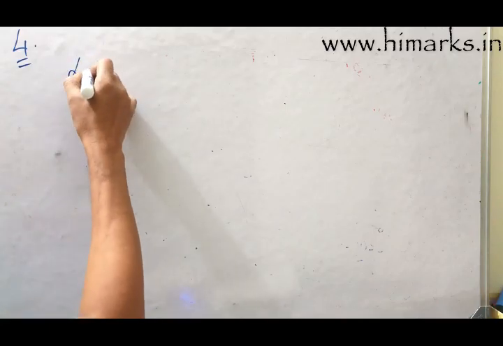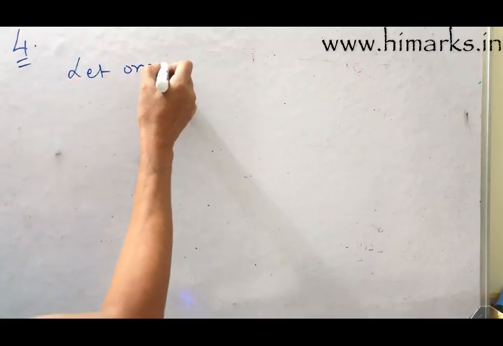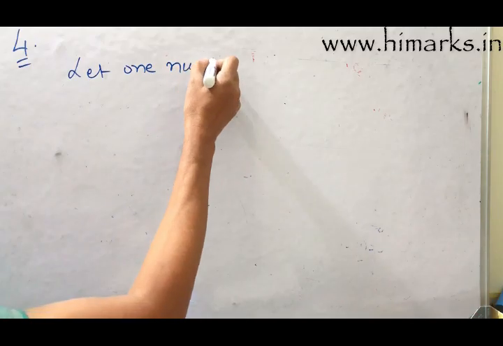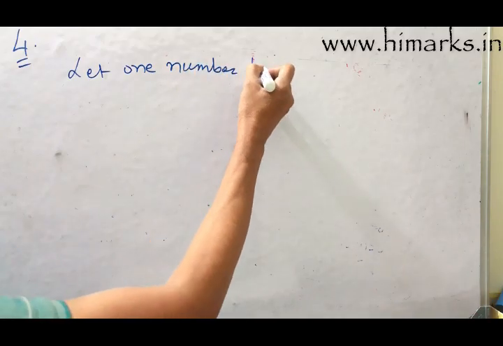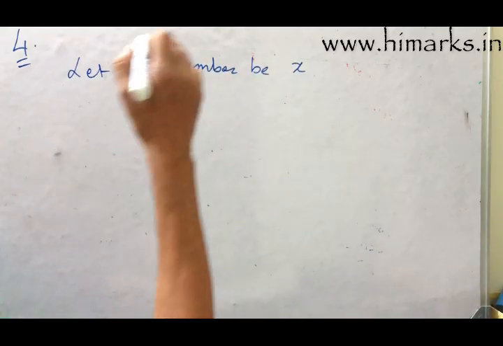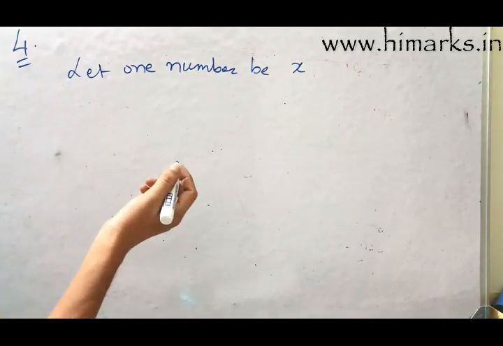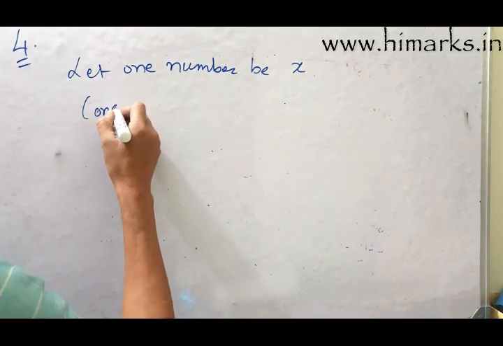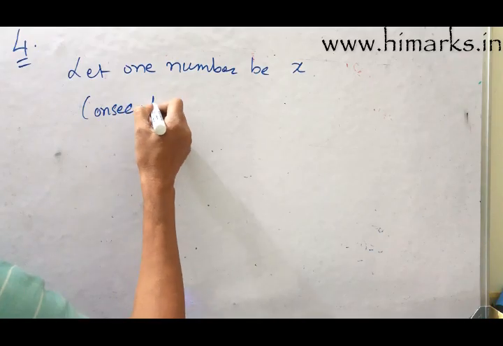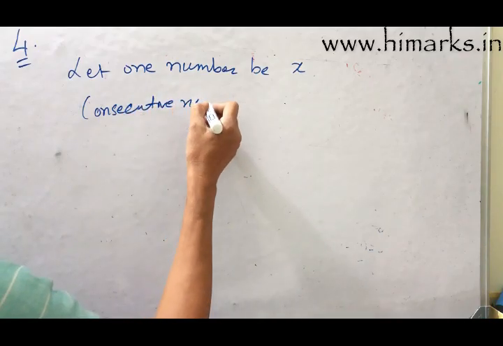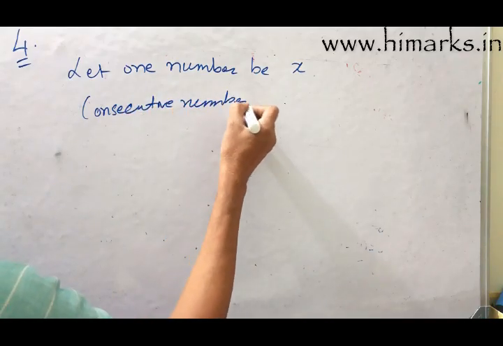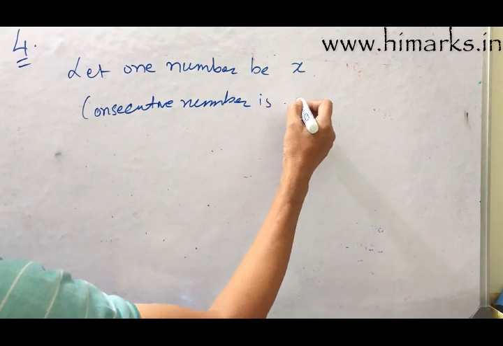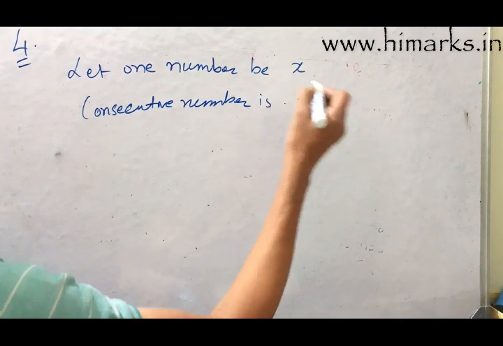So let one number be x. So the next consecutive number is x plus 1.